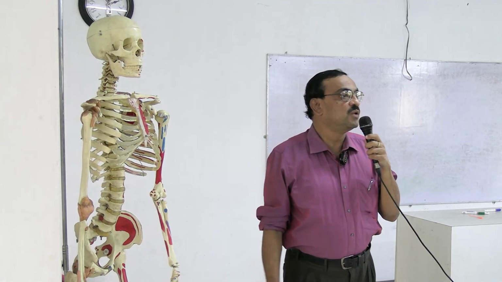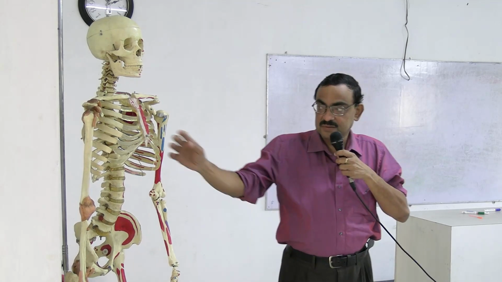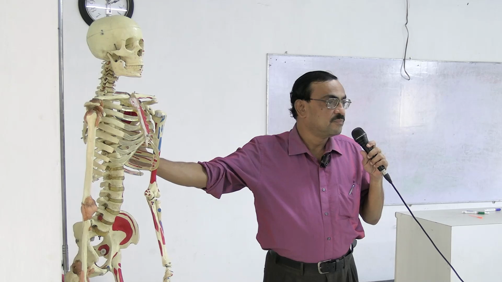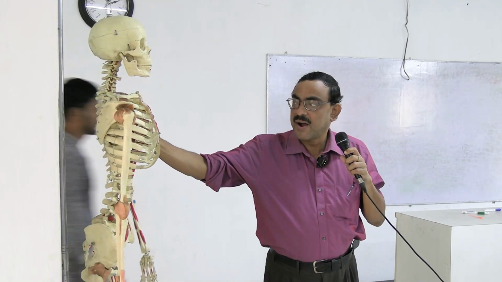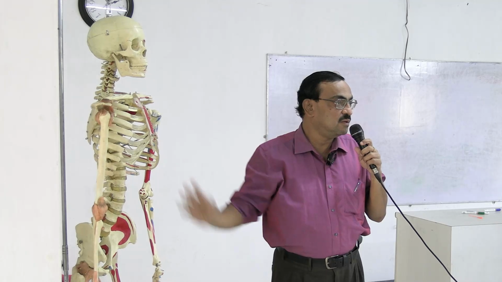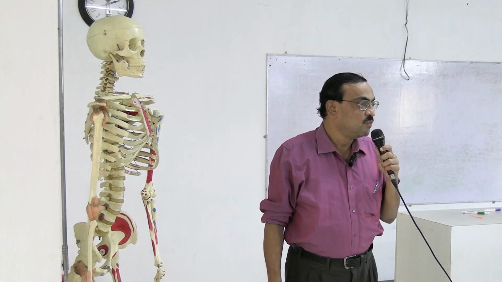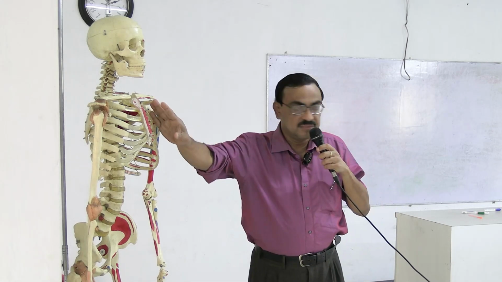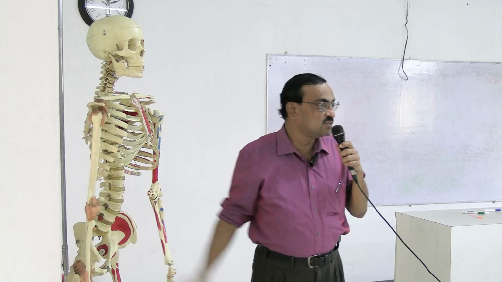In the medial wall we will get one important muscle which takes origin from the ventral part of the scapula. We know, there is one muscle which has got attachment to the ventral part of the scapula.